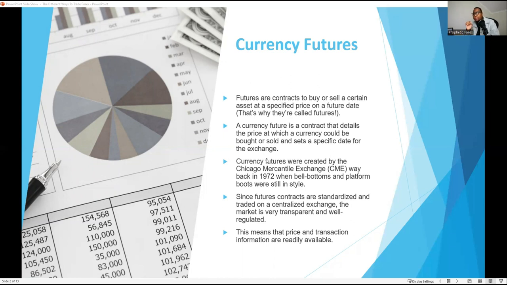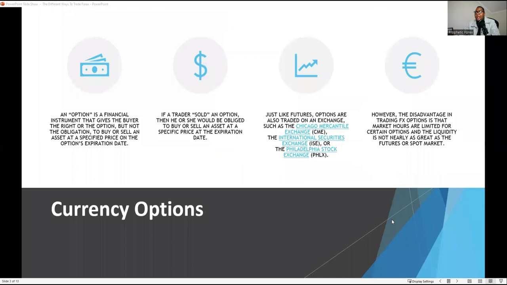This means that the price and transaction information are readily available. The first three that I'm talking about are centralized, and we're getting into retail trading, which is a decentralized market, but it's important to know because these are also under the Forex market.